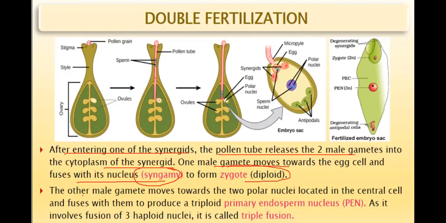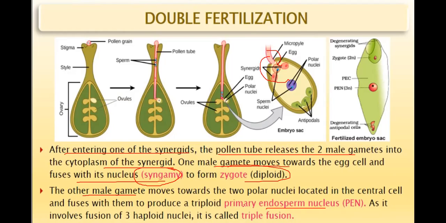The zygote is diploid. The other male gamete moves toward the two polar nuclei located in the central cell and fuses with them to produce a triploid primary endosperm nucleus, PEN. Here, one gamete will fuse with the egg cell, and the second will fuse with the polar nuclei. Here already two nuclei are there, and one more nucleus, so it will become triploid.